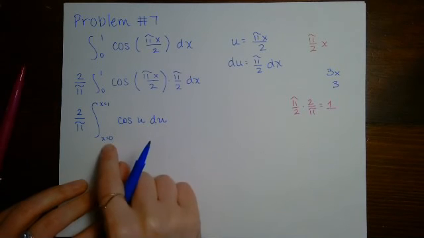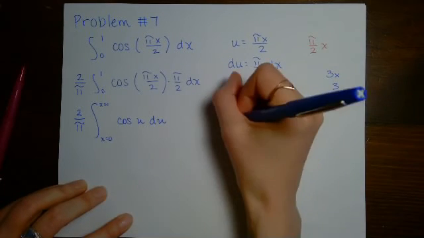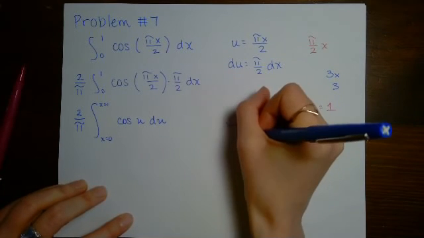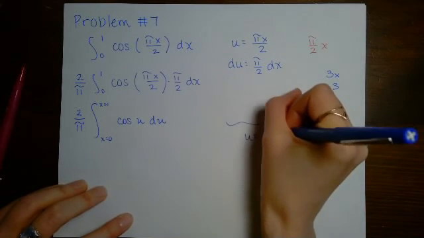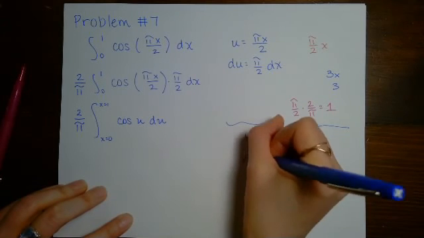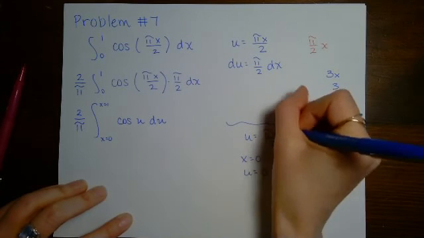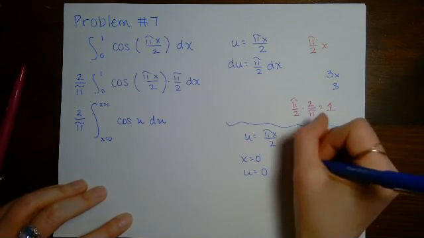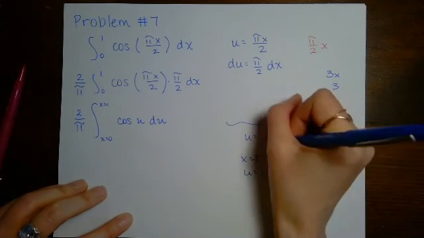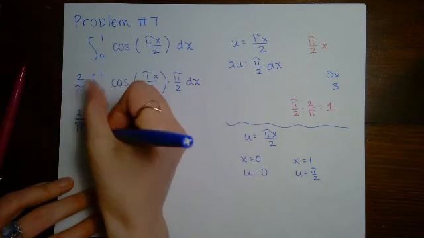Let's see what happens if we plug in 0 and 1 so that we can do our definite integral. If u equals pi x over 2, and we let x equal 0, then u would equal 0, since anything times 0 is 0. And if x equals 1, pi over 2 times 1 would be pi over 2.